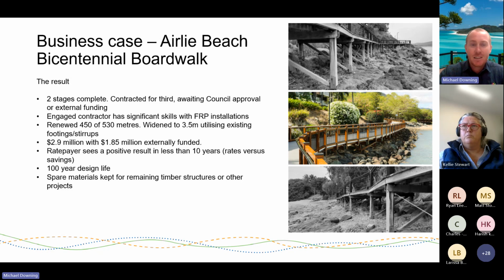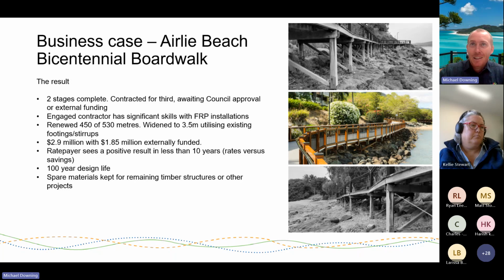I mean, 6 to 10, depending on how you look at it. And with a 100-year design life, that is such a great result for our ratepayers, and obviously for the users, not just the locals, but the tourists and everyone who comes to the region. So they've been an amazing result.